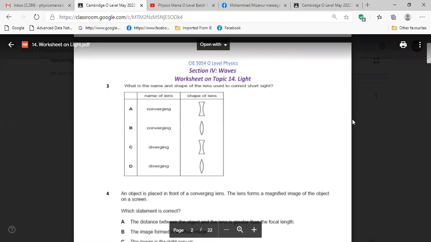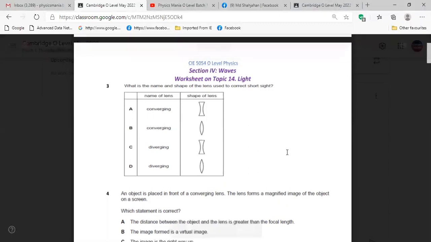Yes, sir. Short-sighted eye, they can see near objects properly, like you people. You cannot see far objects properly. So which one should we use? Which one are you using for correcting your eye problem? Diverging or converging?